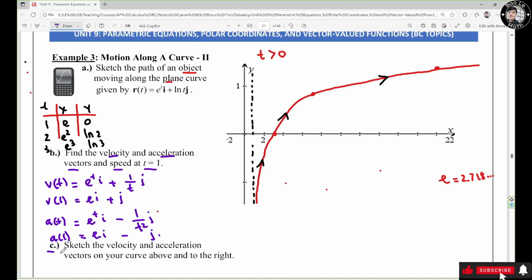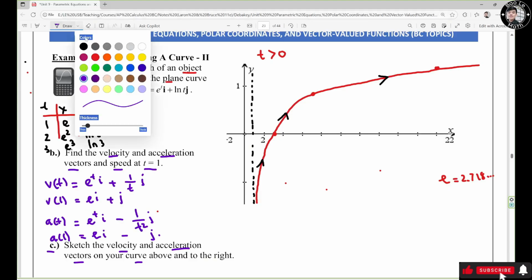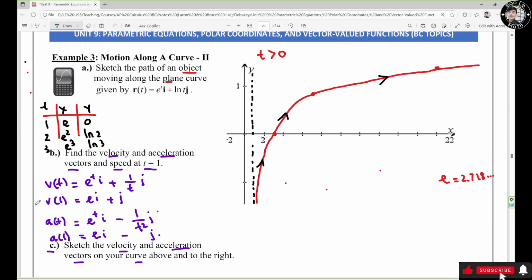Now question C. Sketch the velocity and acceleration vectors on your curve above and to the right. It's going to be right here. So at t equals 1, v of 1 equals e i plus j. So at t equals 1, x equals e, and y equals 1.